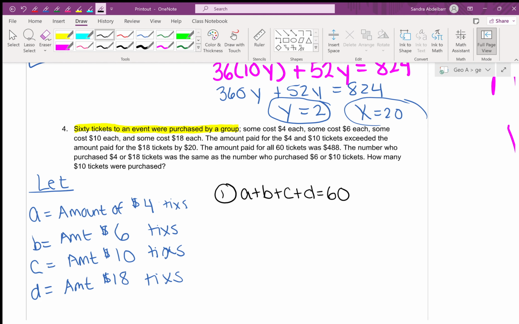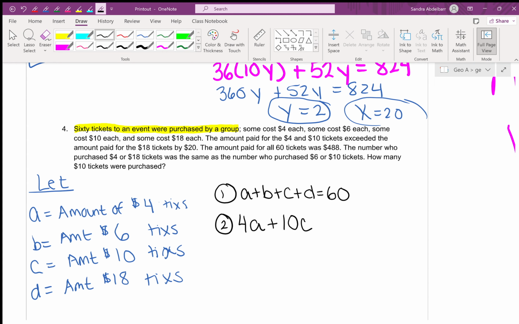So they're saying the amount paid for the $4 tickets. So how am I going to represent the amount paid for the $4 tickets? 4A. So the amount paid for the $4 tickets and $10 tickets. What does that mean? And $10 tickets, so plus 10C, not just C, 10C.